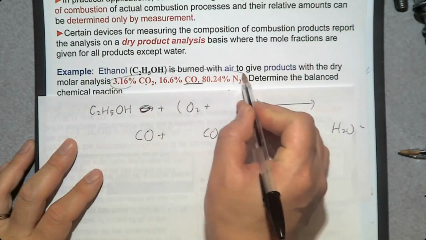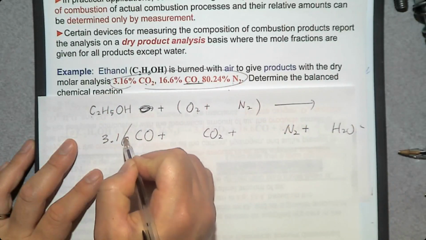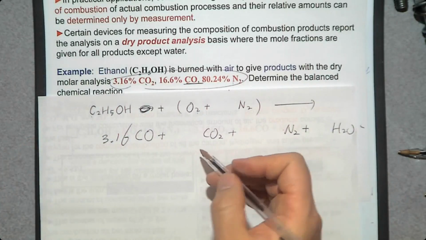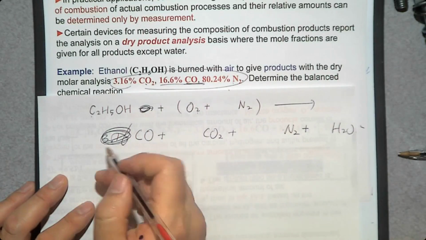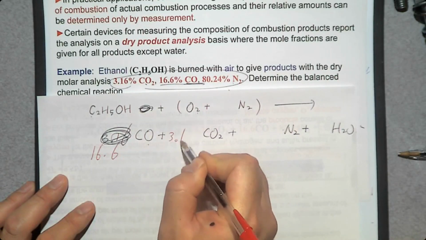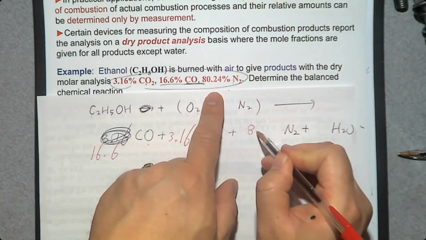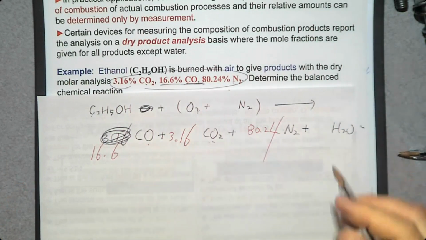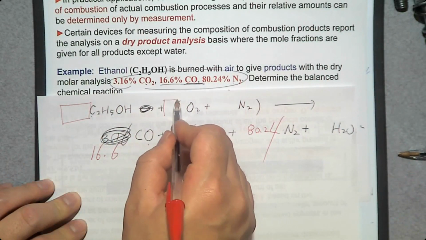So you can assume that we have 3.16 moles of carbon dioxide. I'm sorry, just 16. 16.6 moles of carbon monoxide, 3.16 moles of carbon dioxide, and 80.24 moles of nitrogen. We don't know the number of moles here.